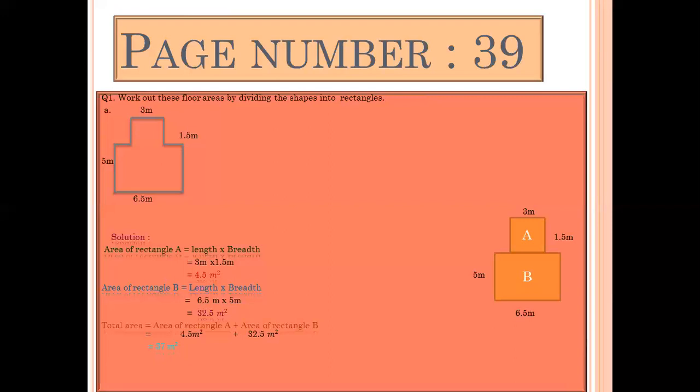By adding these two areas, our answer is 37 meters square, which is the actual area of the given figure. 37 meters square is the area of the actual figure which is given in the question.